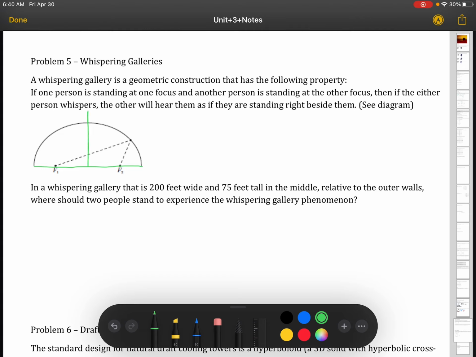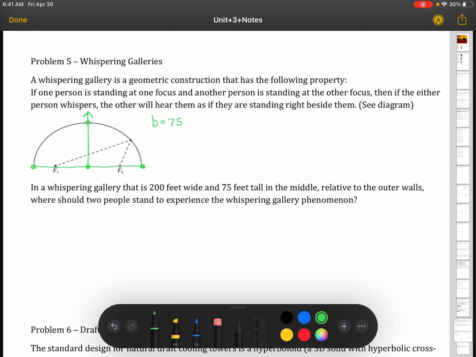So we get this. So we know that the distance from the x-axis to the top of the gallery is going to be our minor axis. So we know that B equals 75. We know that A is the distance from the center to the end of the ellipse on our major axis.